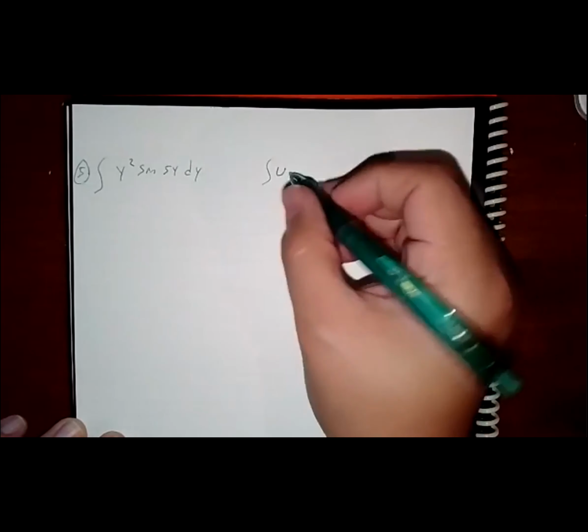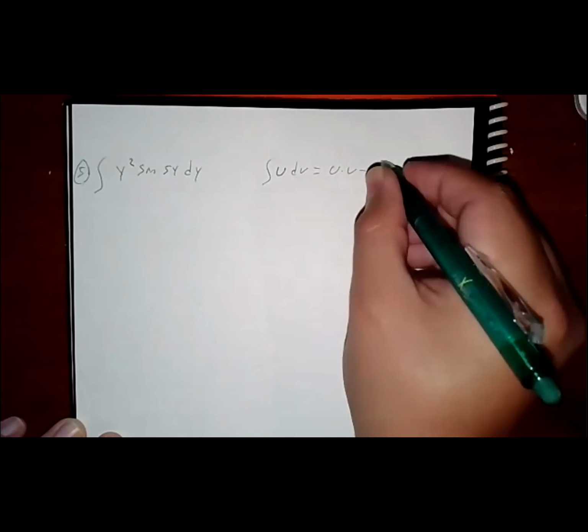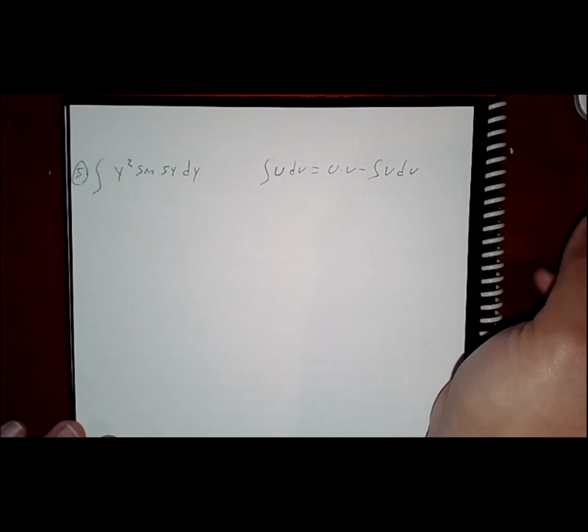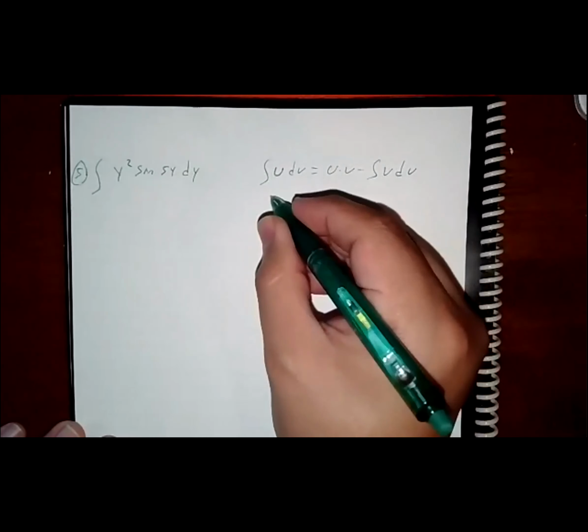Okay, so the integral of u dv is equal to u times v minus the integral of v du. Since I see a power polynomial type, that's the one that kind of tells me, as a hint, I should make that my u. dv needs to be something you can integrate.